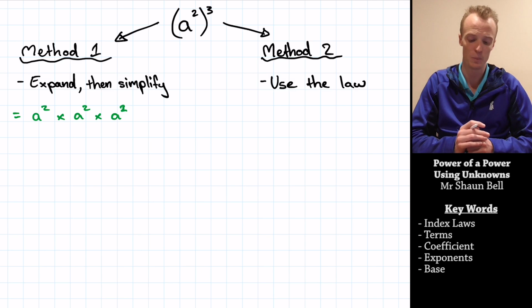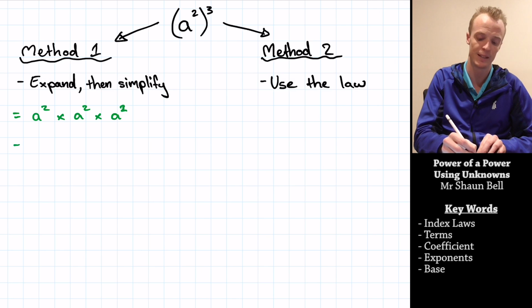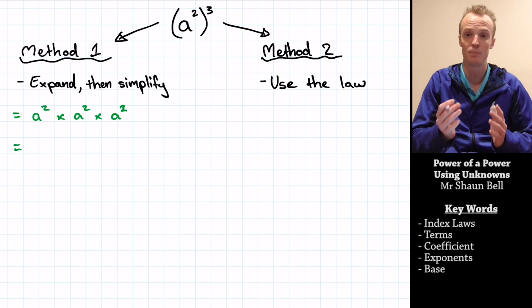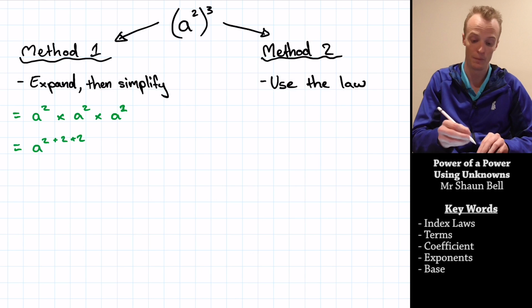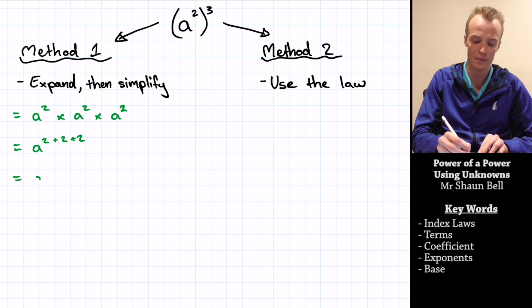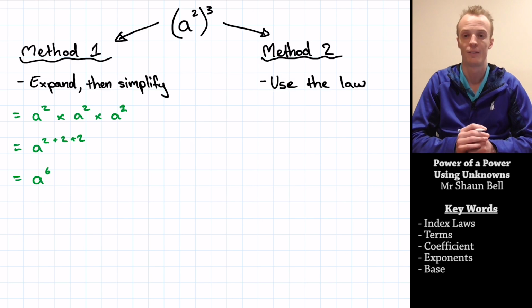But that law says when we're multiplying indices with the same base, we keep the base but we add the exponents. So this is equal to a to the power of 2 plus 2 plus 2. So when we simplify this right down, that is the same as saying a to the power of 6.